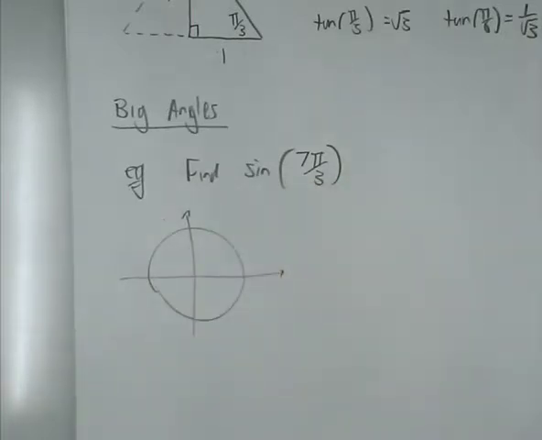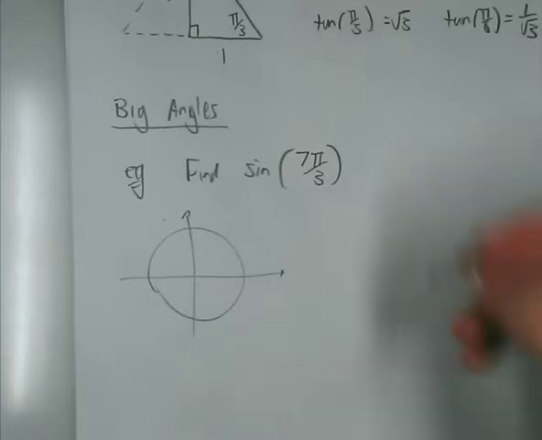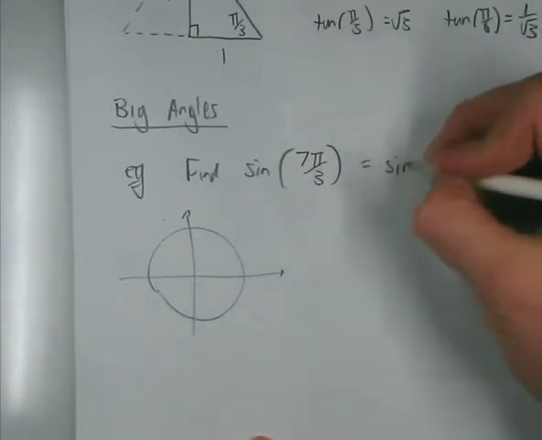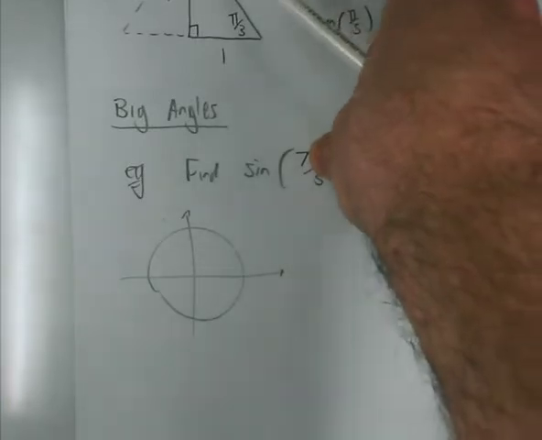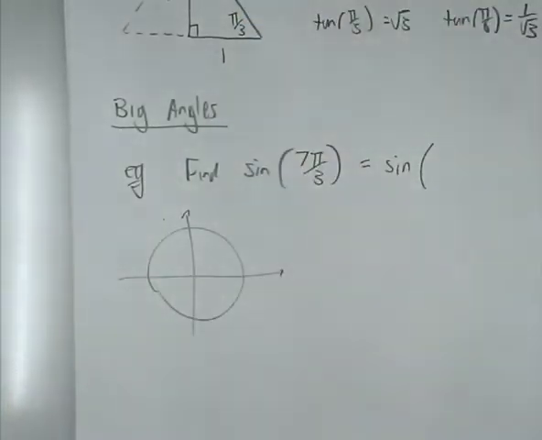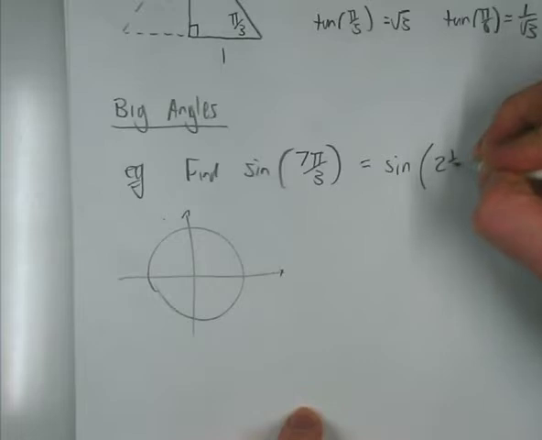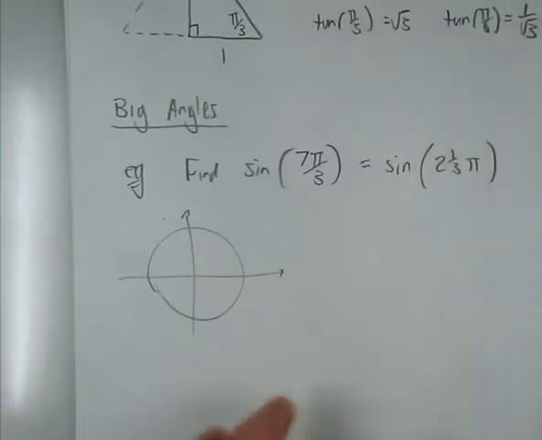The way I do that is I think about how to get a whole multiple of pi. So I convert my 7 pi on 3 to a mixed number. 7/3, without the pi, would be 2 1/3 pi, which means it's got 2 pi and 1/3 of pi.